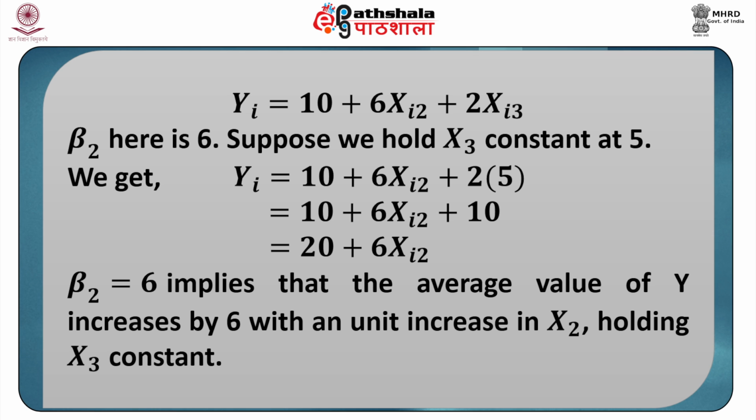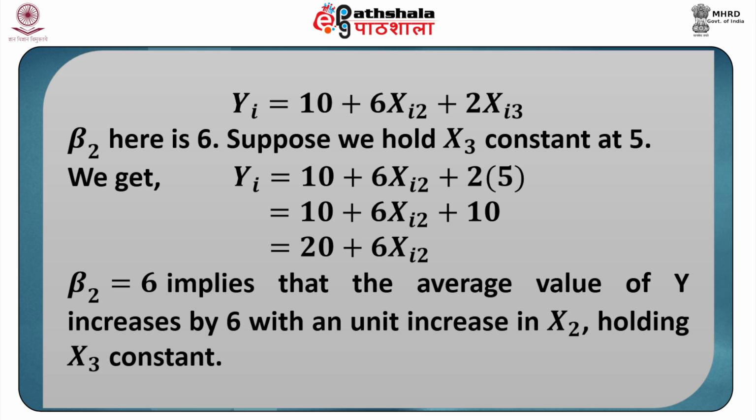yi is equal to 10 plus 6 xi2 plus 2 xi3. Beta 2 here is 6. Suppose we hold x3 constant at 5, we get yi is equal to 10 plus 6 xi2 plus 2 into 5, which is equal to 10 plus 6 xi2 plus 10, and hence we get the equation 20 plus 6 xi2.